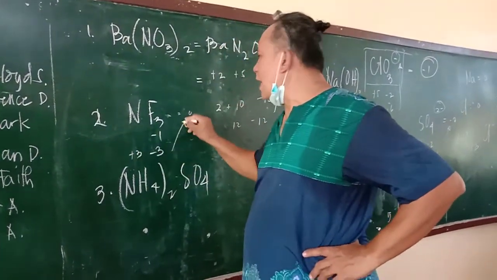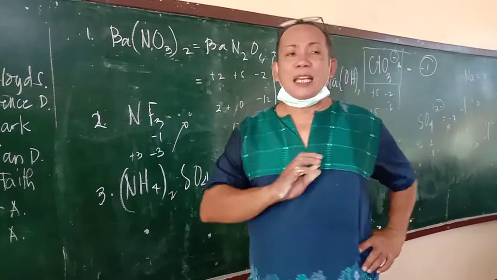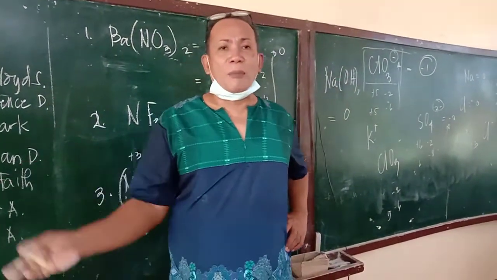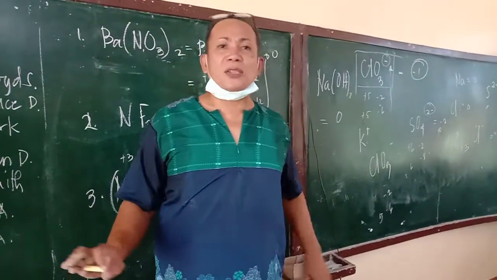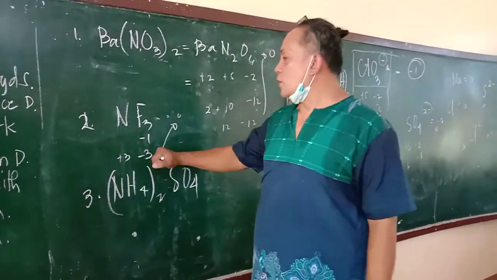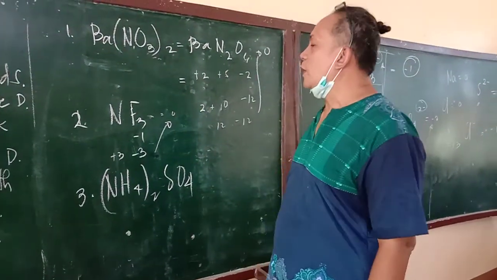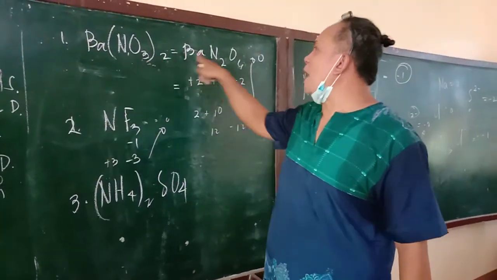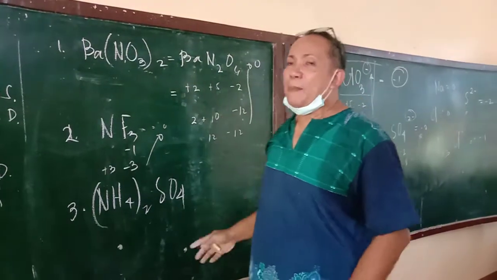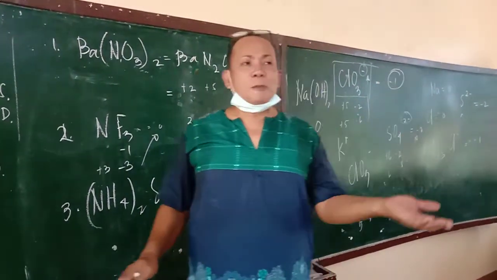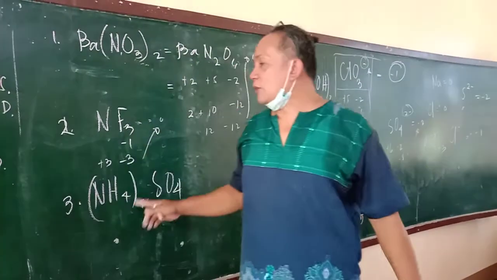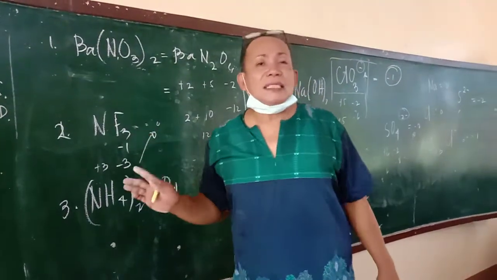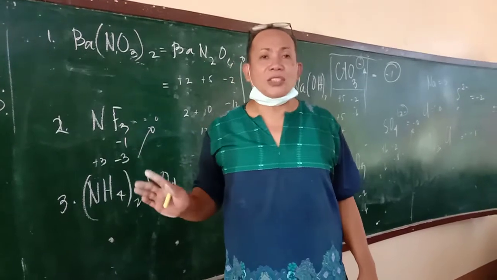So, nahimo siyang 0. Kaya, di ba kung a unique compound or a molecule, the total oxidation number is always 0. So, nahimo na siyang 0. Ang nitrogen wala siyang specific rules, kay daghan siya of oxidation number.